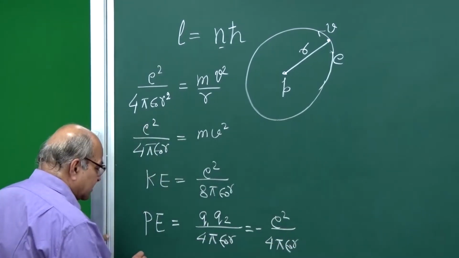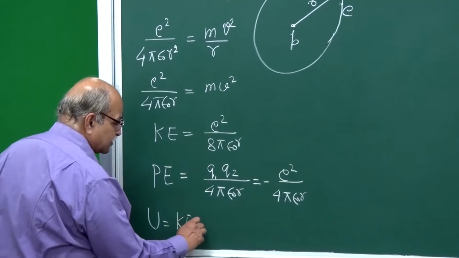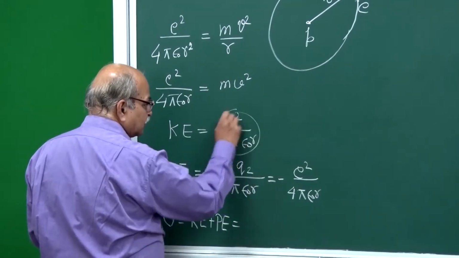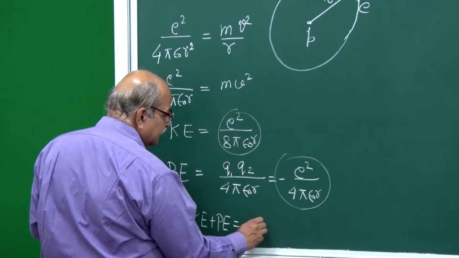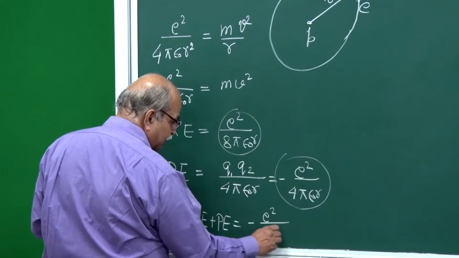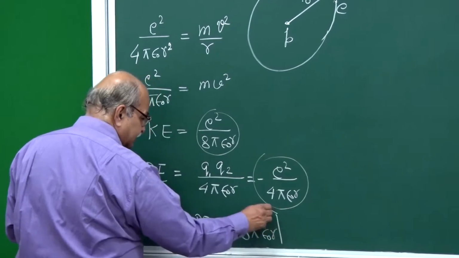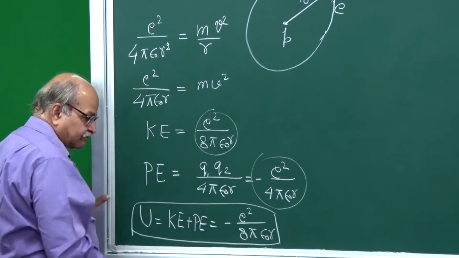The total energy U is kinetic energy plus potential energy. You add these two and you get minus e square over 8 pi epsilon naught r. So this is the total energy, in terms of r. We still do not know what this r is.